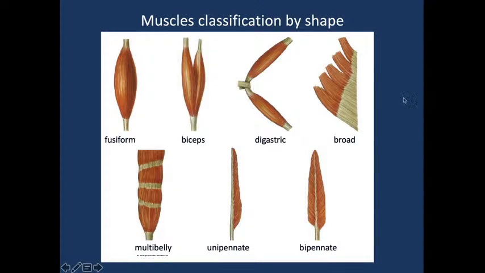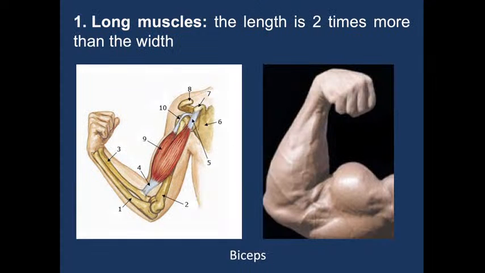There are a lot of broad muscles. Multibelly muscles have a few combinations, and pinnate muscles: unipinnate, bipinnate, and multipinnate.